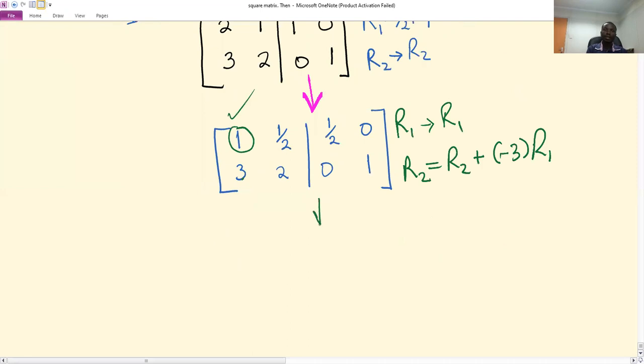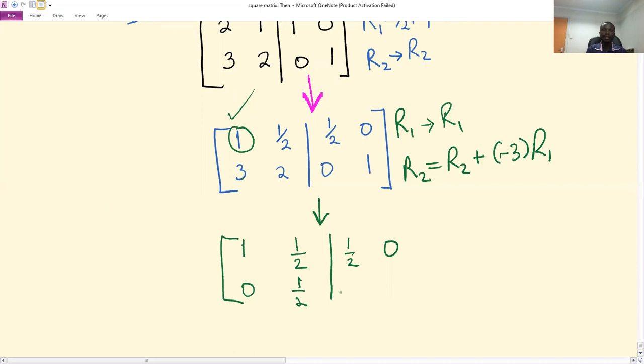So that we'll have the matrix. So this will be 1, a half, 0. Now here, I'll have 0. Now 2 plus minus 3 times a half gives me a half.